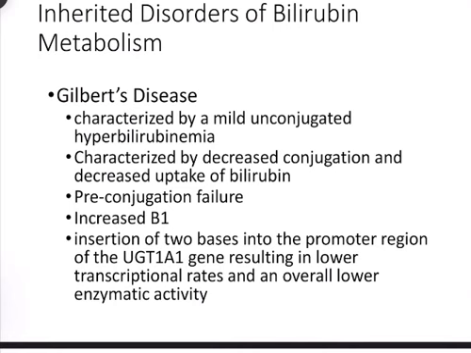So the liver no longer conjugates bilirubin, so it is not taken up or received by other organs for other purposes. Increased B1 is associated with Gilbert syndrome. Insertion of two bases into the promoter region of the UGT1A1 gene results in a lower transcriptional rate and overall lower enzymatic activity to conjugate the unconjugated bilirubin. Okay?